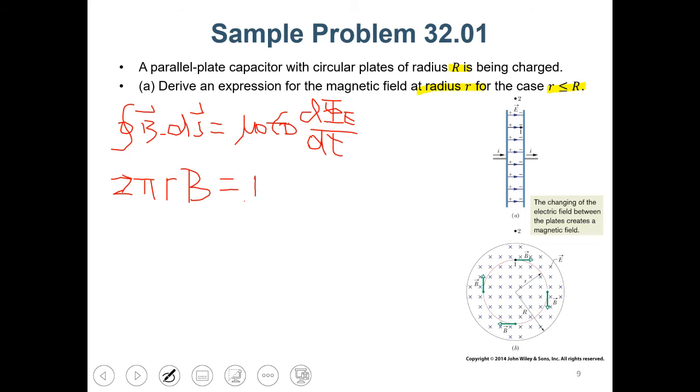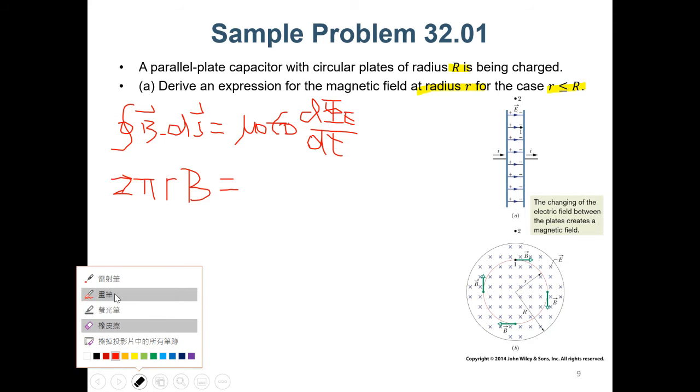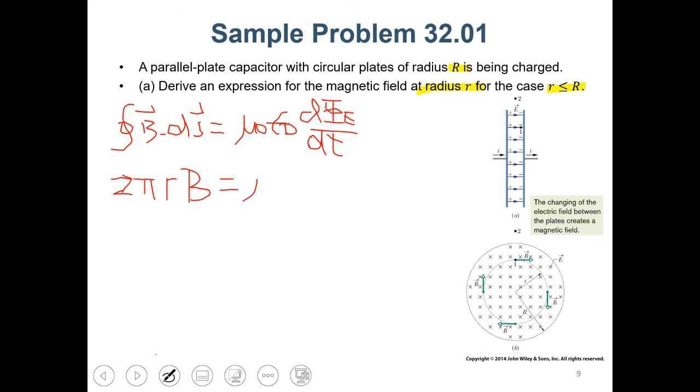So this is mu naught epsilon naught, and just now I mentioned that phi E is this one.